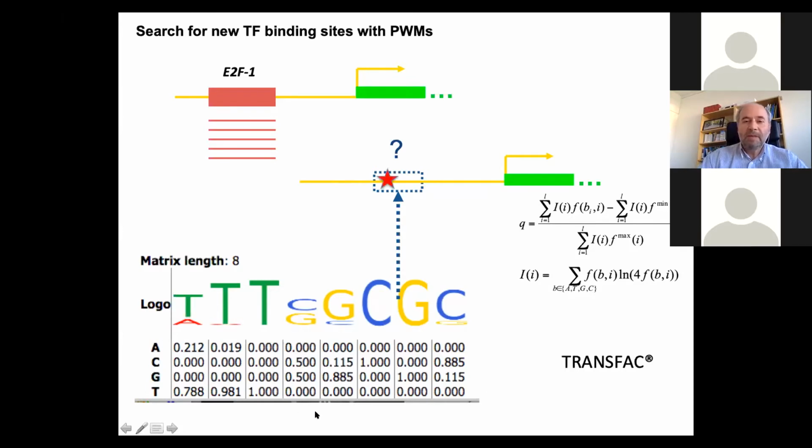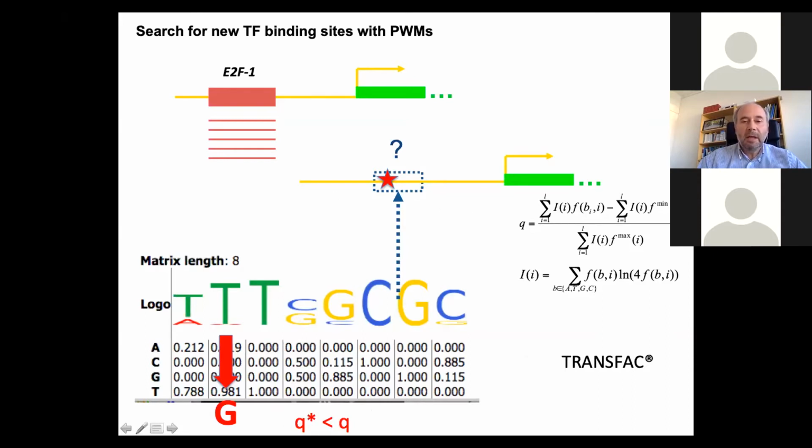But what happens if a particular position in this place is changed? We see that in one case it was T, and then it's changed to G. Immediately, using the same matrix, we can calculate a new score for that position.